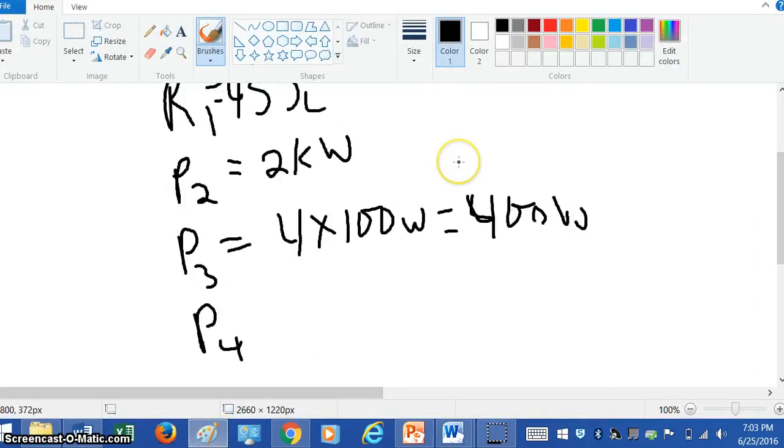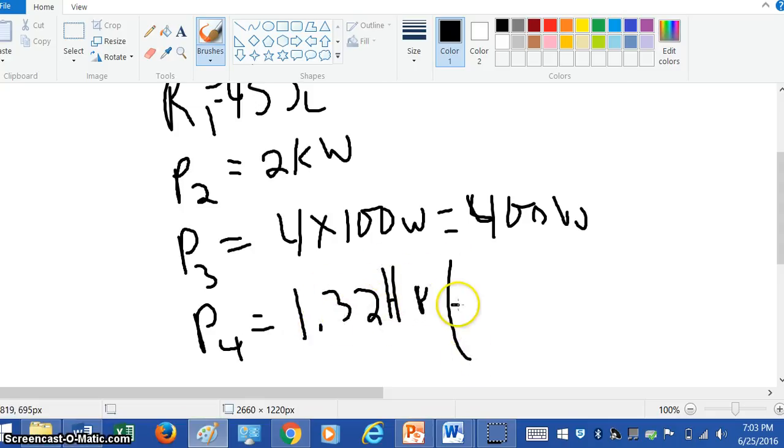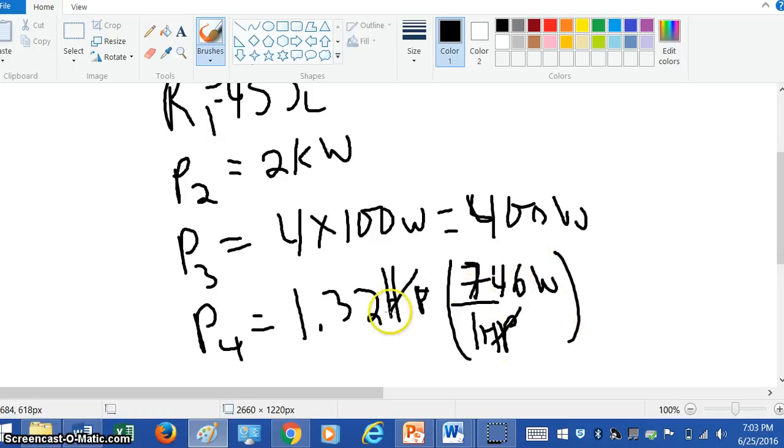All right, so let me write in the power here. The power is 1.32 HP. And of course, we're going to have to change this. We know that 1 HP is 746 watts, because we need this to be in watts, not horsepower. You can't do the calculation with horsepower.